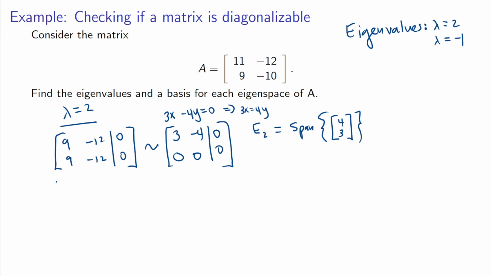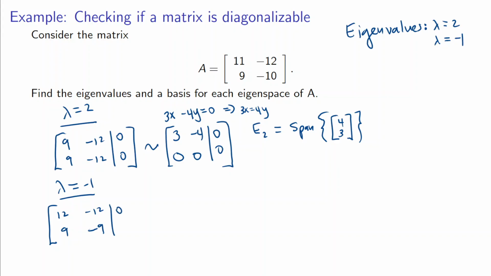Let's look for E negative 1. So if lambda is equal to negative 1, again, we're looking for the null space of A minus lambda I. So that'll be 11 minus negative 1 will be 11 plus 1, which is 12, and then negative 12, and then 9, and then negative 10 plus 1 will be a negative 9.